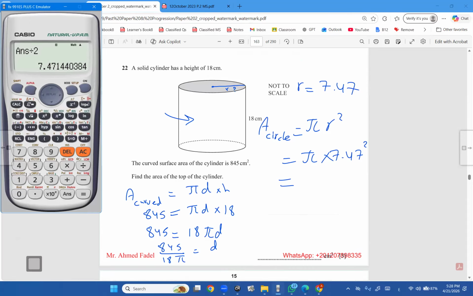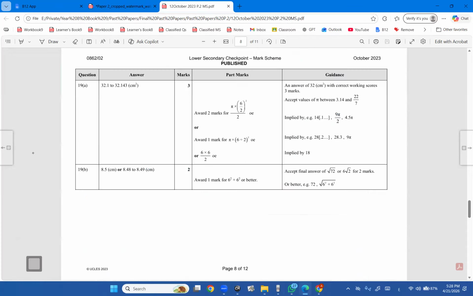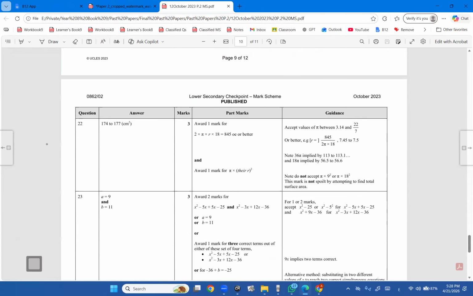You can say this is pi times the radius, which is 7.47, squared, equals 175.3. You're going to find that this is within the range that is mentioned in the mark scheme. 175.3, that's question 22. 175.3 is within the range.